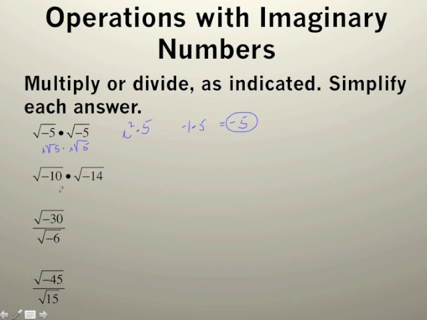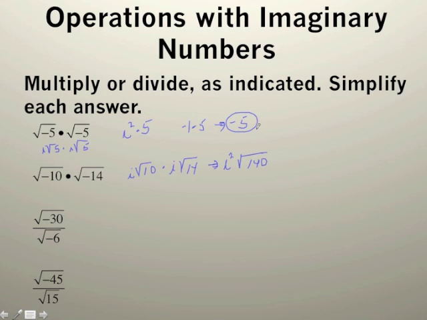Going down here, it'll be i times the square root of 10 times i times the square root of 14. That will give me i squared times the square root of 140.